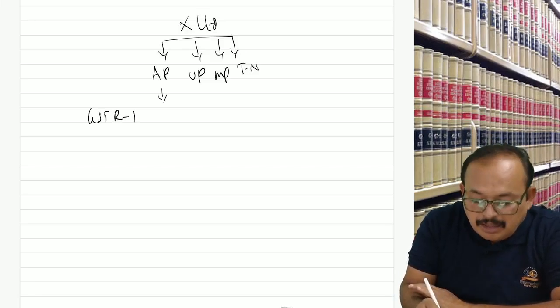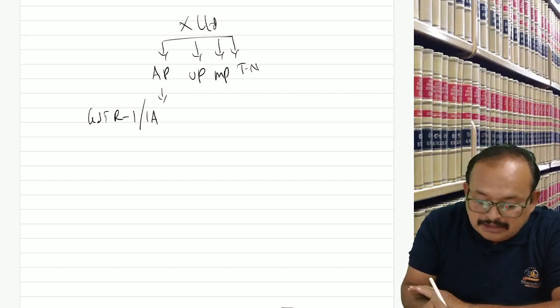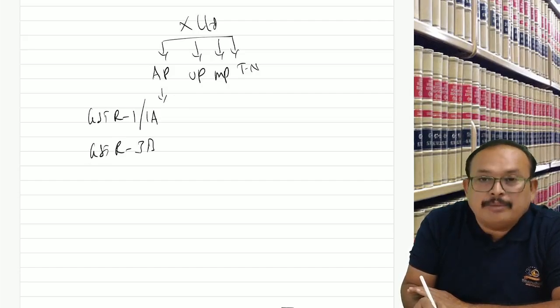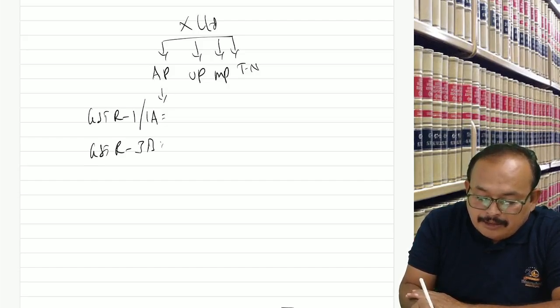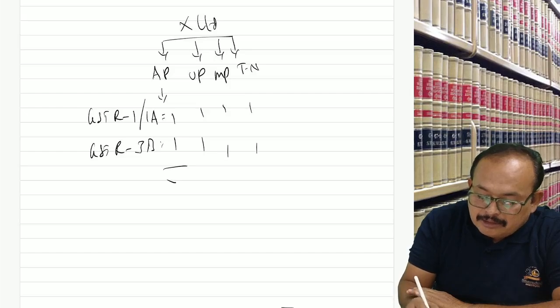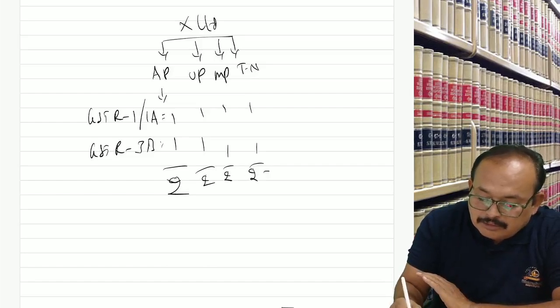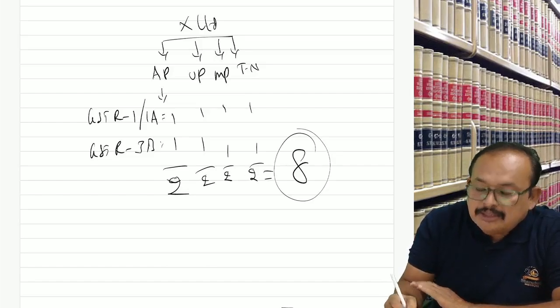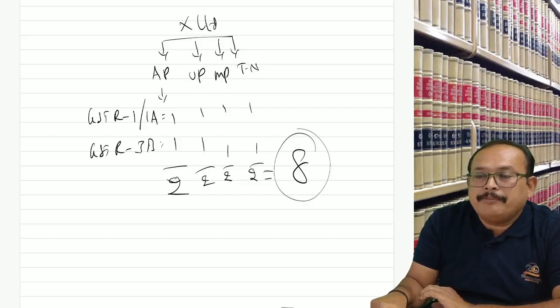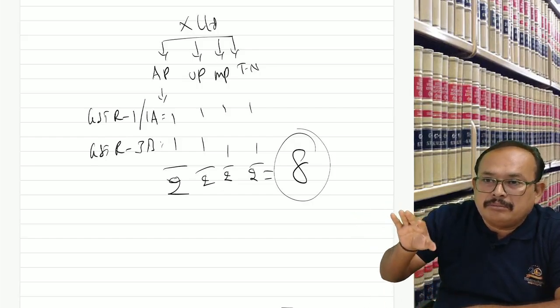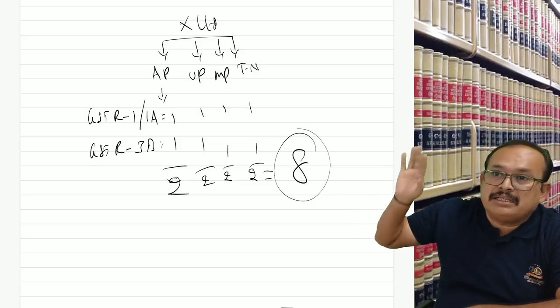GSTR 1 or 1A, thereafter GSTR 3B. Here 2, 2, 2, 2. Totally 8 returns should be submitted on a monthly basis, in each state 2 returns.